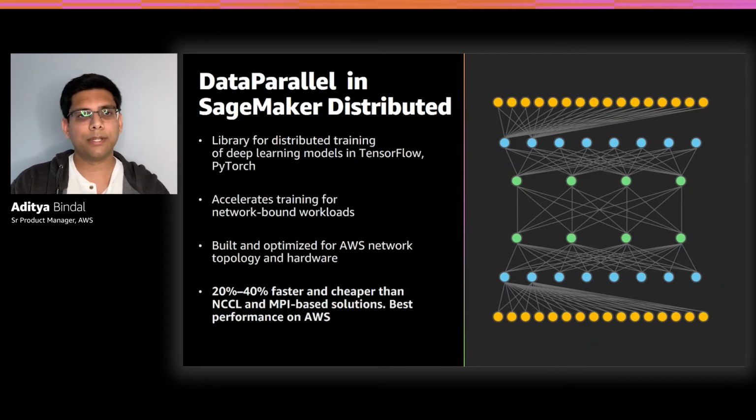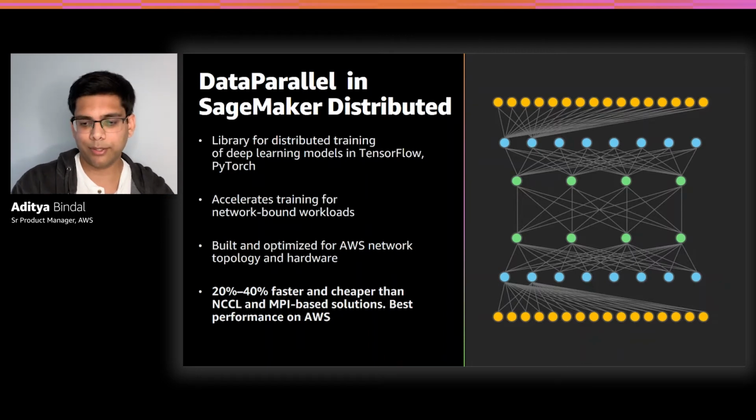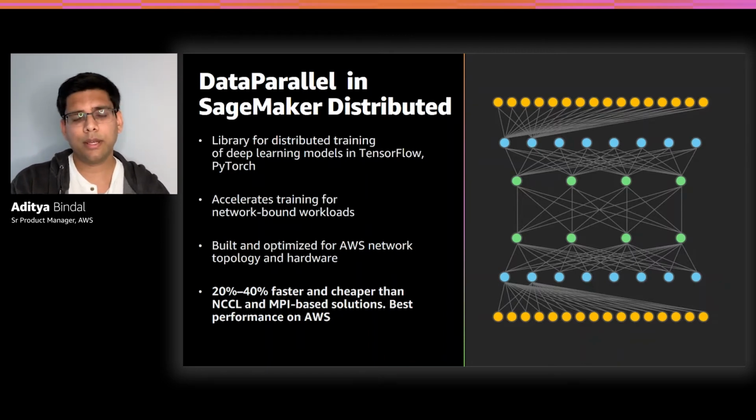And we've been able to exploit more performance from your algorithms, from your training models, by building something that's highly performant and tuned for what AWS offers. We see that SageMaker Distributed's data parallel is 20 to 40% faster and cheaper than the alternatives developers use today in TensorFlow and PyTorch using NCCL and MPI-based solutions.